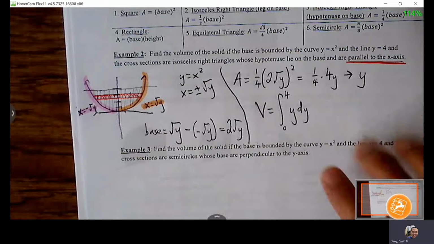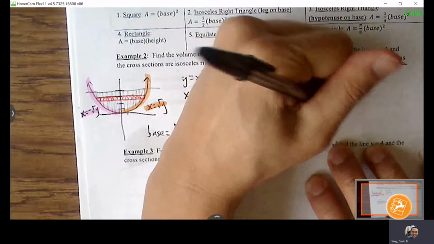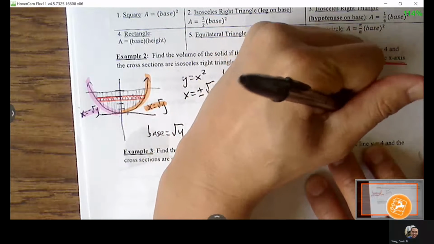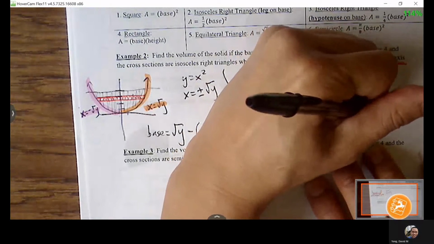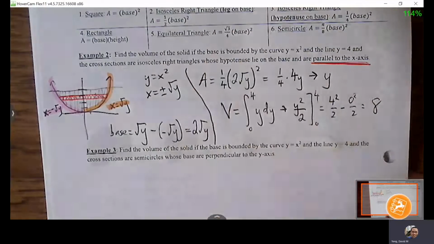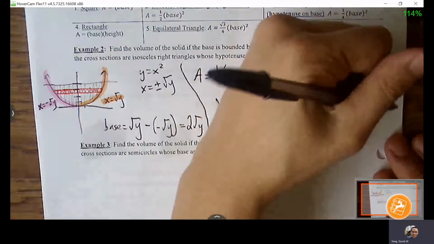Okay, you can use your calculator, but this is easy enough to just do by hand, I think, using the power rule. 16/2 is 8. Again, there's no rotation going on here. There's no circle involved. It's not 8 pi, it's just 8.